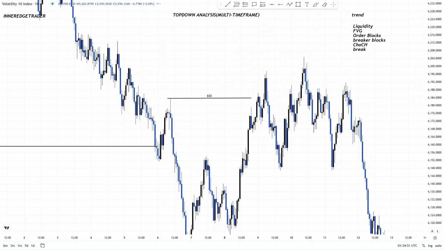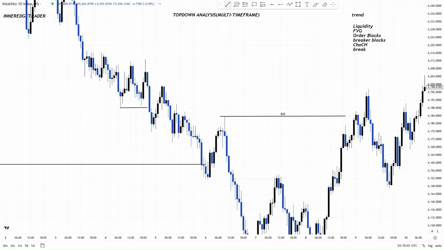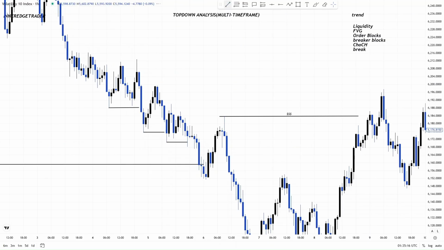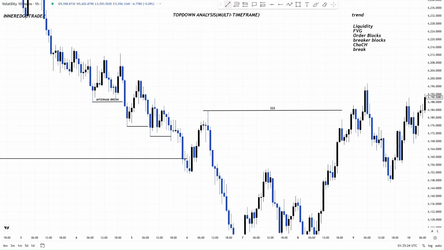We observe that before all this, before these little internal lows, or during the little internal lows, okay, in this internal break. So it's the same thing with the rest: internal break, internal break, internal break.